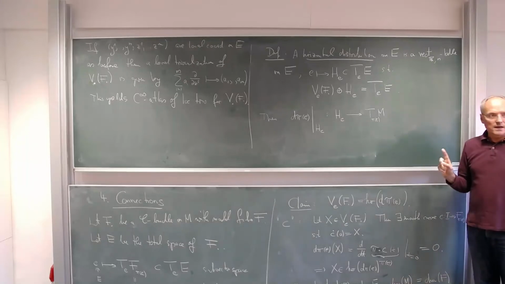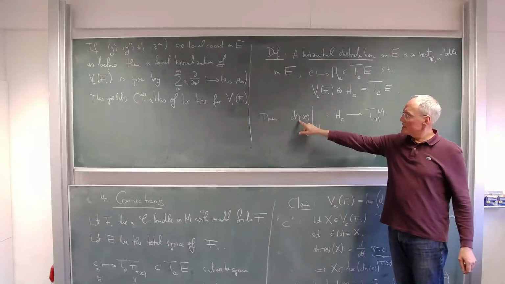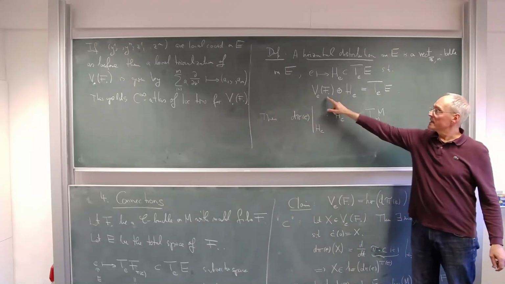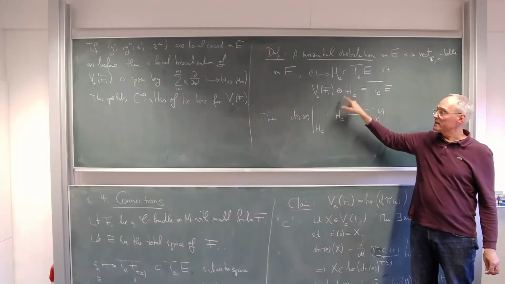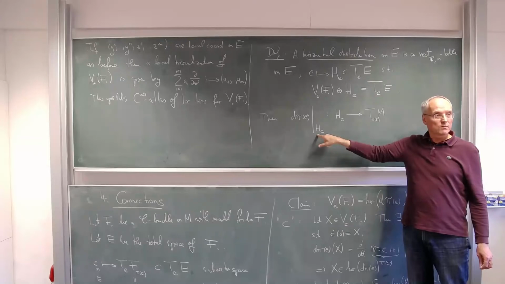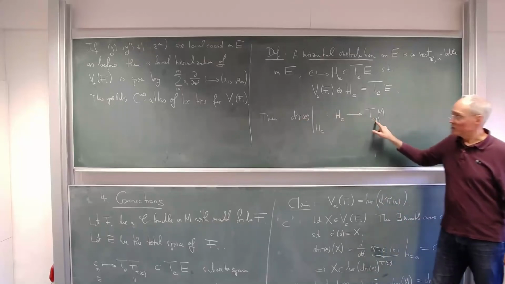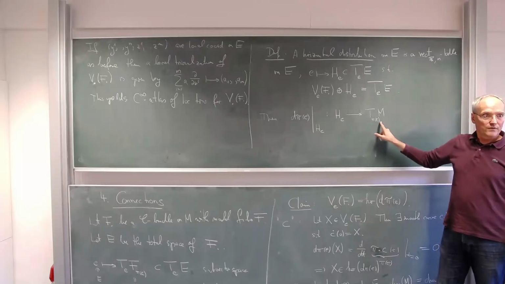And this is then an isomorphism. Why? Because the kernel of this linear map is exactly given by the vertical part. So if I have a complement of the kernel, then the restriction to this complement will certainly be injective. But on the other hand, we also know that the differential is surjective. It's a submersion. So that's why it's an isomorphism.